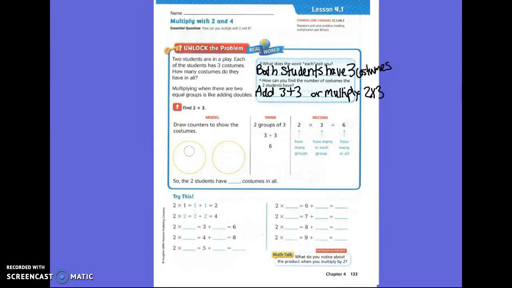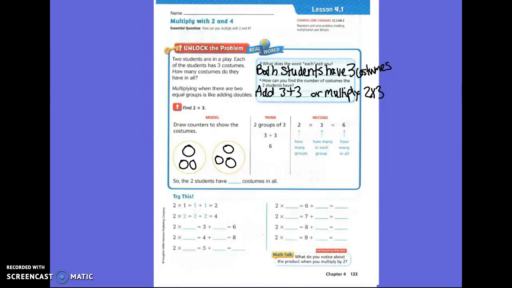The 2 big circles are the 2 students. Now, what are we going to draw in the big circles? 3 little circles, or counters. We're going to call them counters. Why are we doing 3 counters? Because there are 3 costumes. Okay. So here's the model.